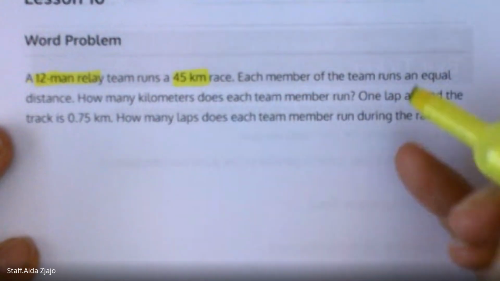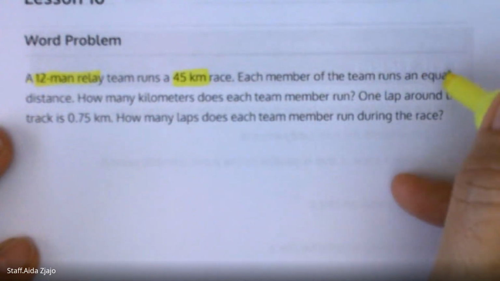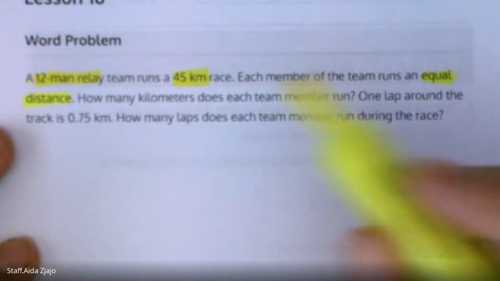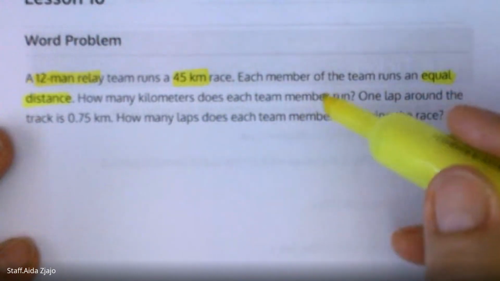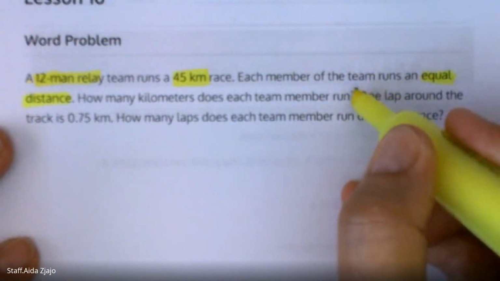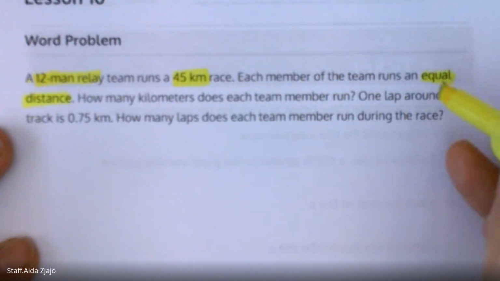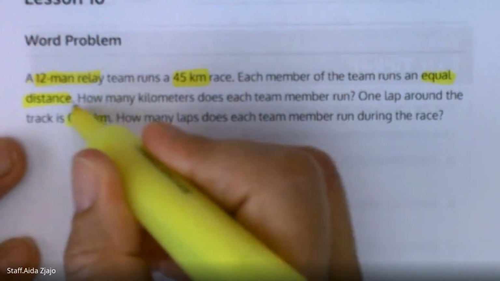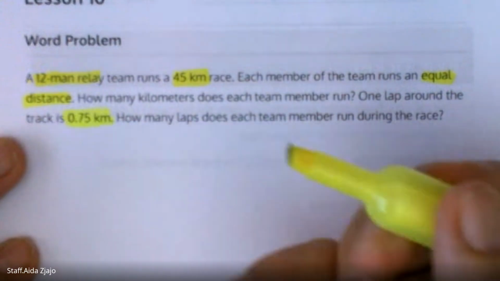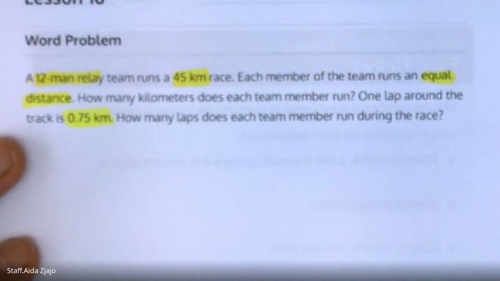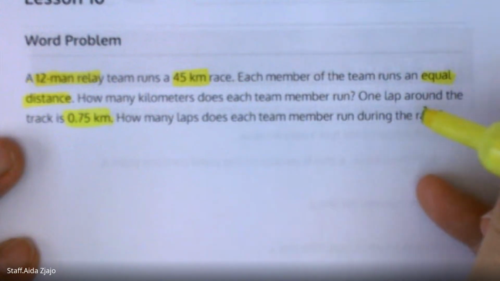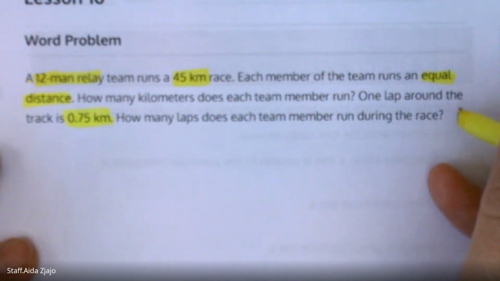Each member of the team runs an equal distance. How many kilometers does each team member run? One lap around the track is 0.75 kilometers. How many laps does each team member run during the race?